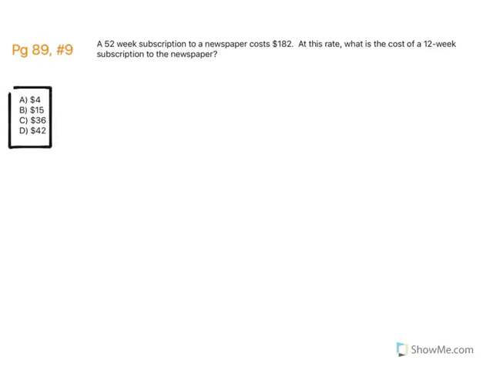Let's do one more. This is from page 89, number 9. Okay, a 52-week subscription to a newspaper costs $182. At this rate, so they're asking us the rate, what is the cost of a 12-week subscription?